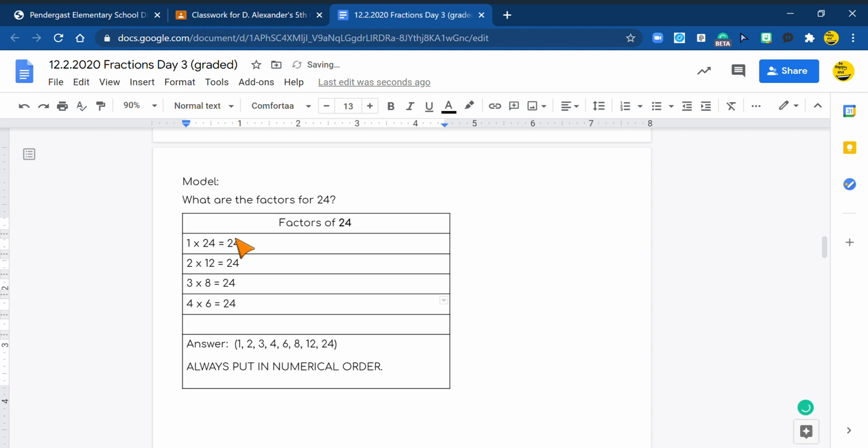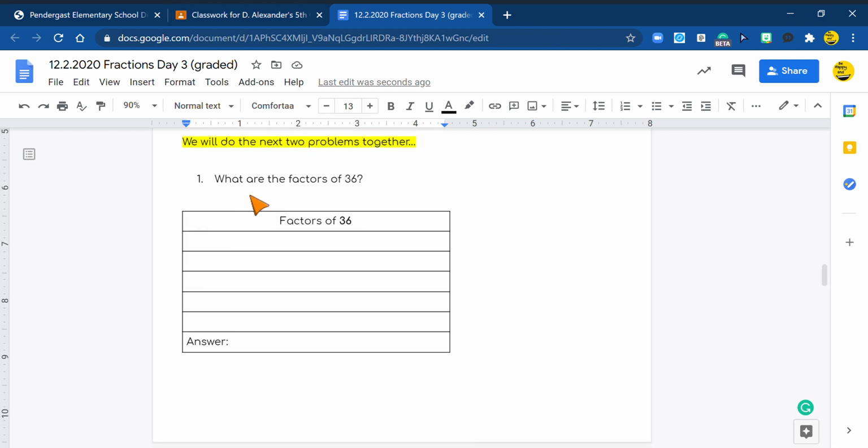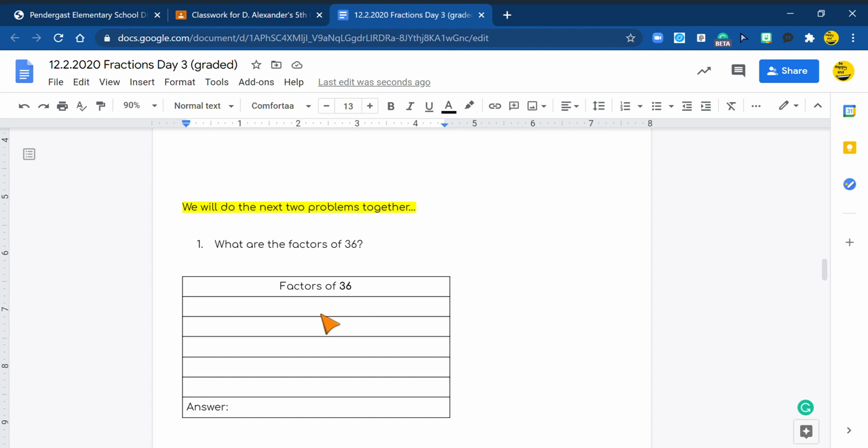So now that I've done that, I know that all these 24s are on the end, and I need the numbers that make the multiplication problems. So let's jump down and check out this one. We have: what are the factors of 36? Remember, I'm looking for multiplication problems. So what's the first thing I'm going to start off with?